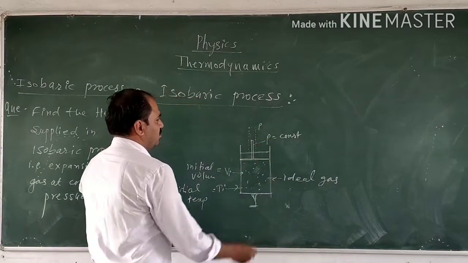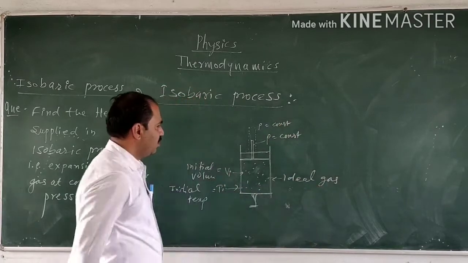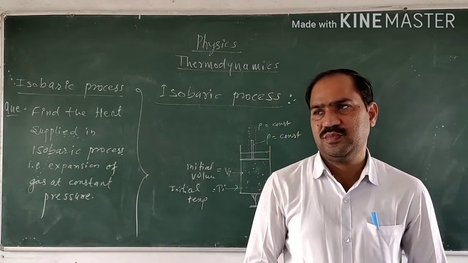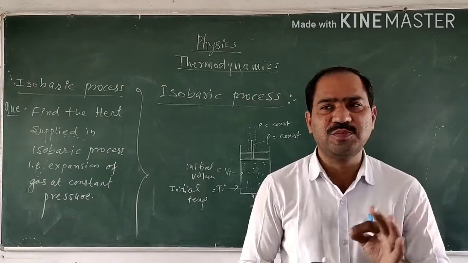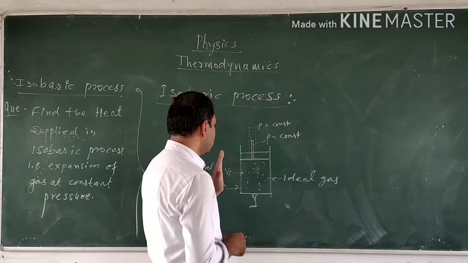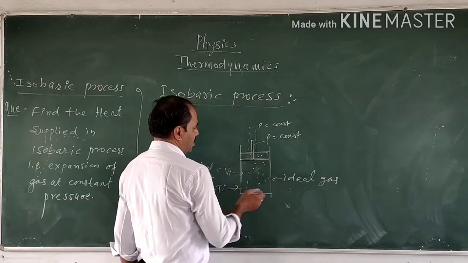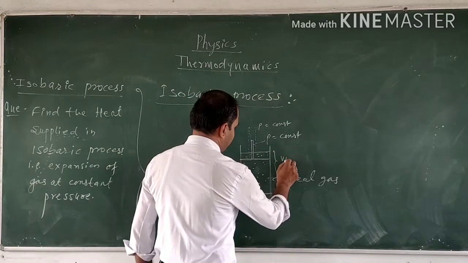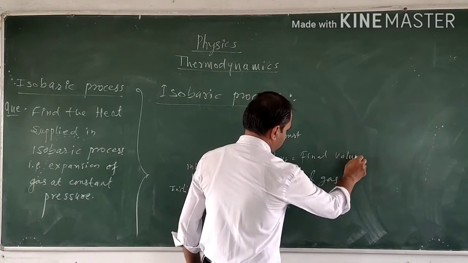This P is again constant here, which means whenever the piston is pushed in the upward direction, whatever pressure was applied initially must remain constant finally. Here is the expansion of the gas, and this is the final volume, Vf.